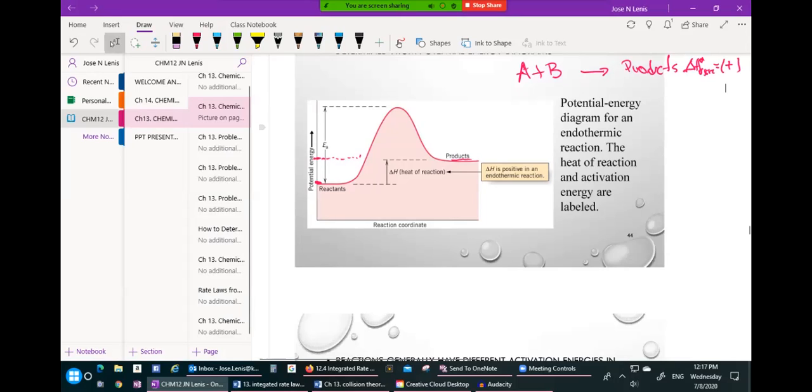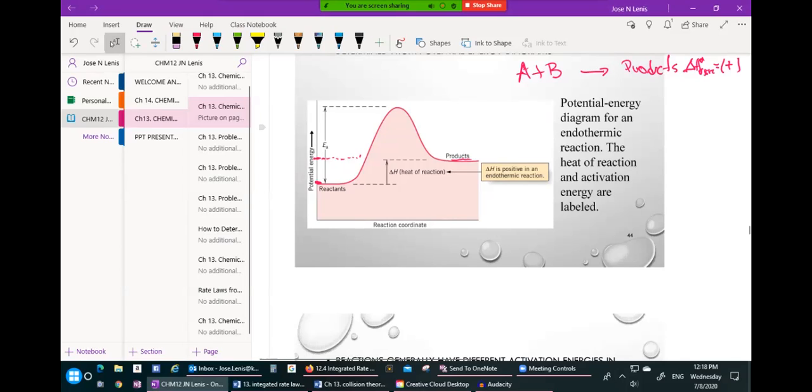In one step, we see only one hill. Because again, A and B need to gain enough energy, need to reach at least the minimum potential energy needed for A and B to react together, to break all bonds of reactants and to form the new bonds of your products.